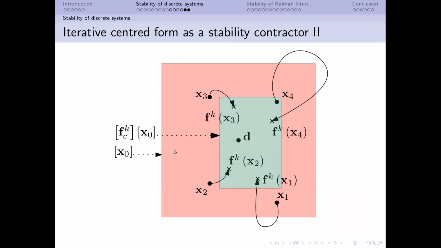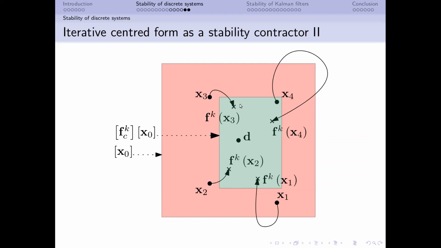Quick illustration about the theorem I've just been presenting. Consider that the red box here is the initial state of our system. Then, by iterating a few times, maybe only one iteration will work, maybe we'll need more than one, we have shown that here the system initialized in the red box will be contained after a few iterations inside the green box.